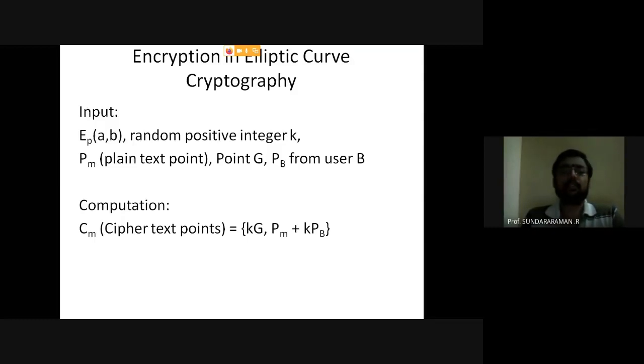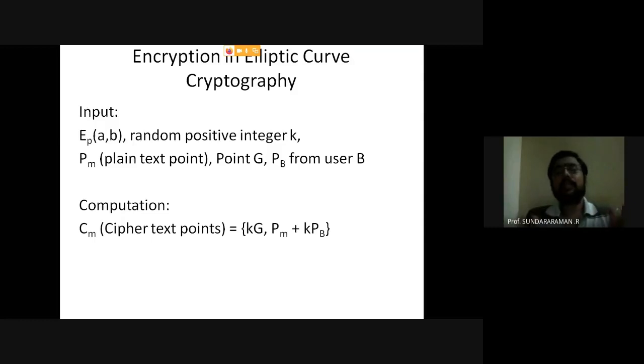After that, the plain text point. Basically, encryption requires a plain text, and after that you will have the key. When you perform the function involving the plain text and the key, you will generate the ciphertext. This is how the basic encryption process happens.